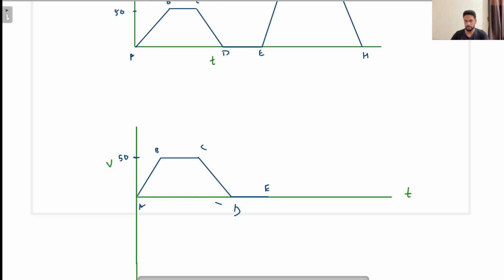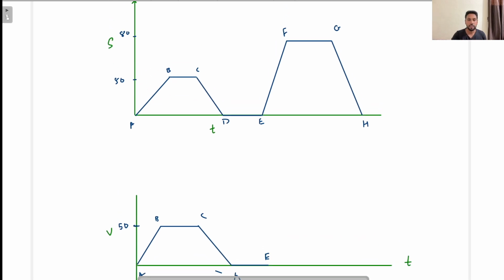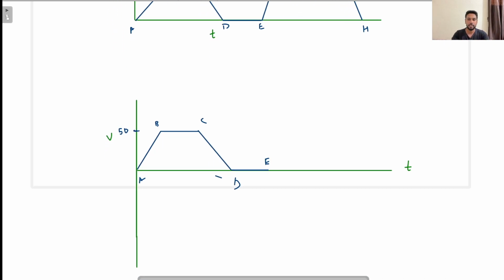Okay, now the car picks up speed in the reverse direction, right? It comes in reverse this time, and in reverse it attains a speed of 80 km/h. That means it is attaining a negative velocity.